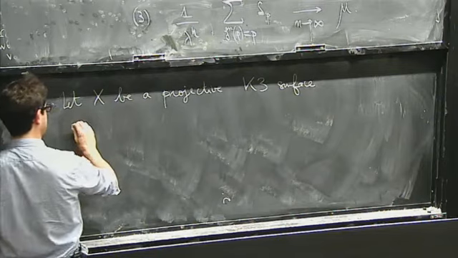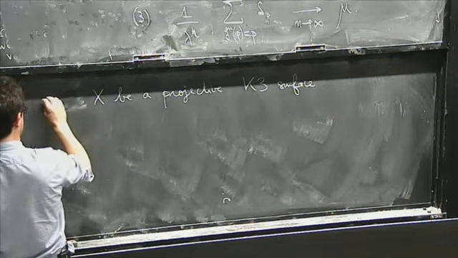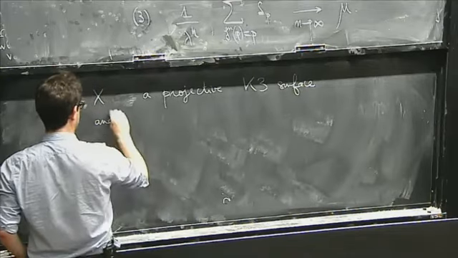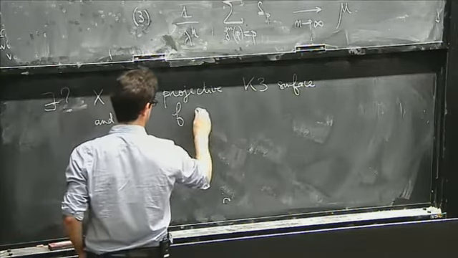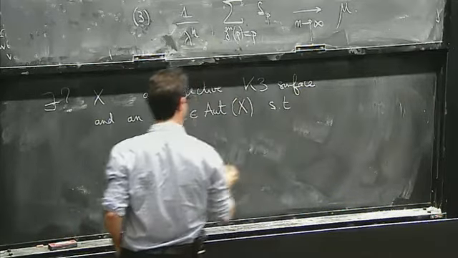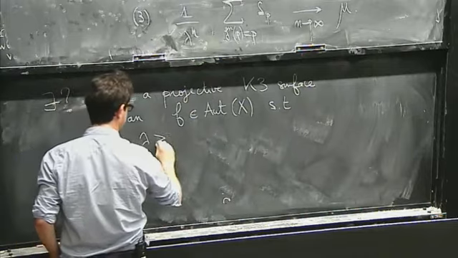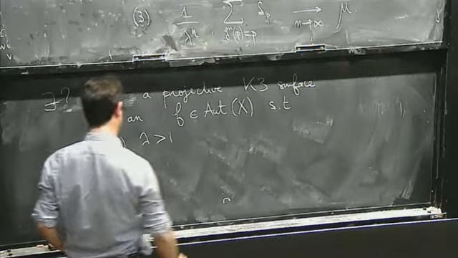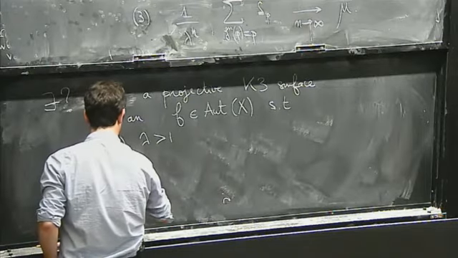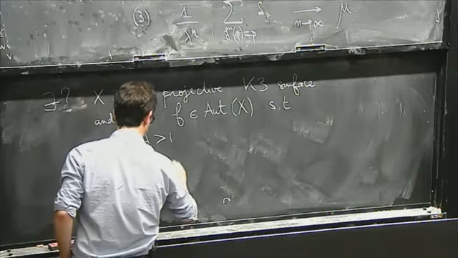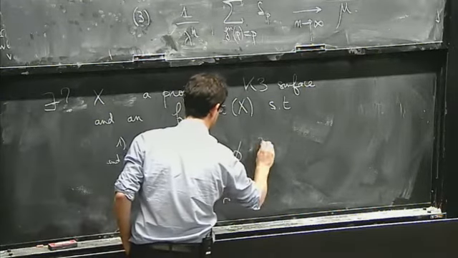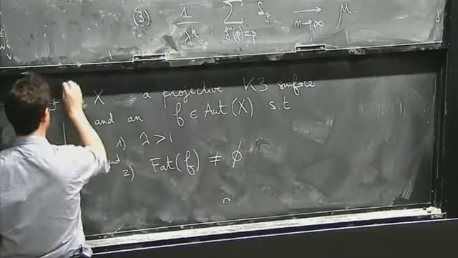Does there exist a projective K3 and an automorphism such that first, lambda is bigger than 1, which is equivalent to positive topological entropy, and second, the Fatou set of F is not empty? This we don't know.